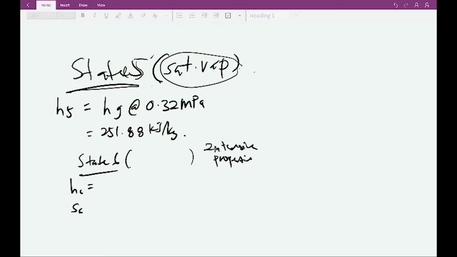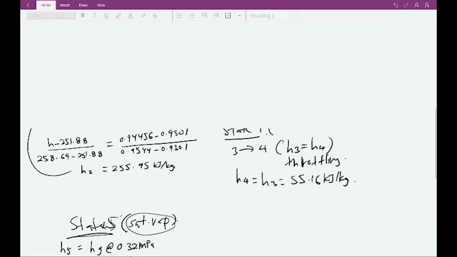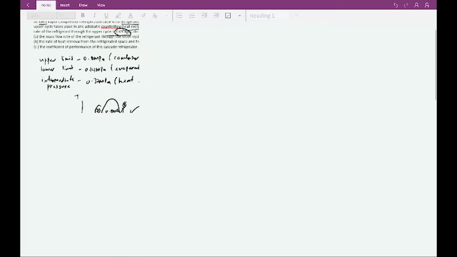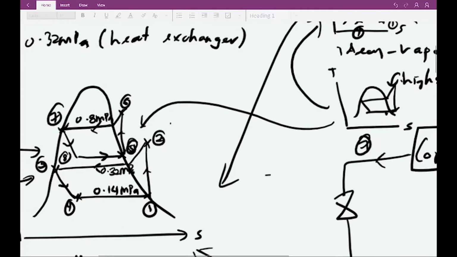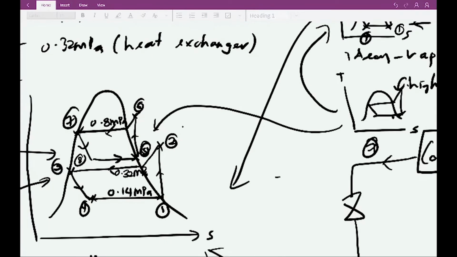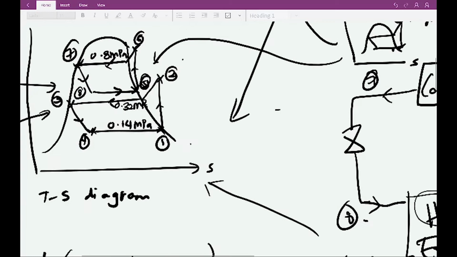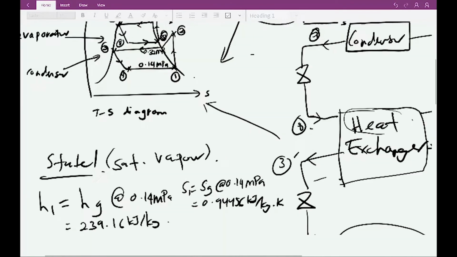The first property that we can get from the problem is at state 6, the corresponding pressure is 0.8 megapascal, which is the highest pressure, located at the condenser.